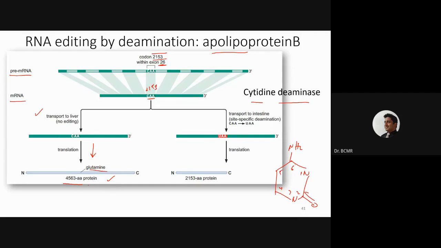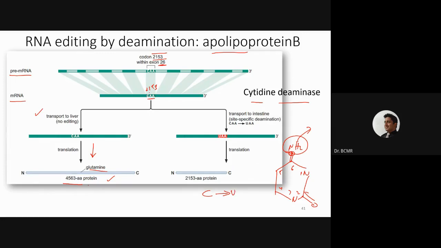I hope I'm right. Yes. So with cytidine deaminase, the amino group is removed and replaced with O. That will result in uracil. Cytosine becomes uracil upon deamination.